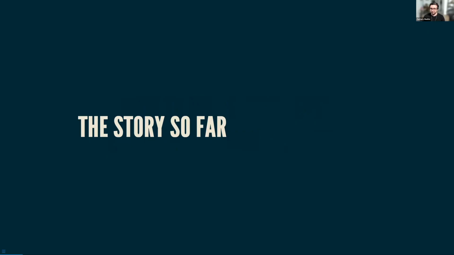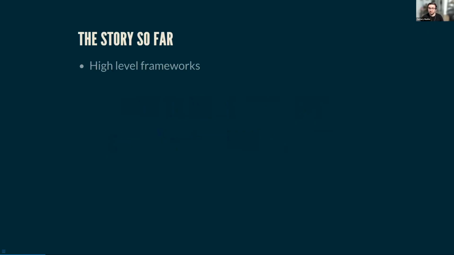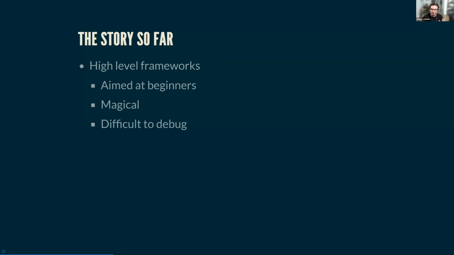So the story so far, right? What have the last two lessons been? First, we began with high-level frameworks. They're mostly aimed at beginners. They tend to be a bit more on the magical side, right? They try and wrap as much as they can to give you one-line solutions. In doing so, they tend to be a lot more difficult to debug, and as a result, people find them very frictionful.